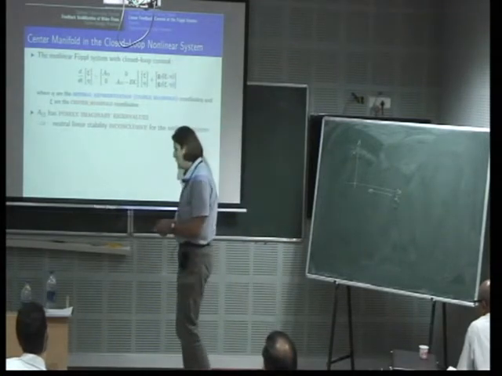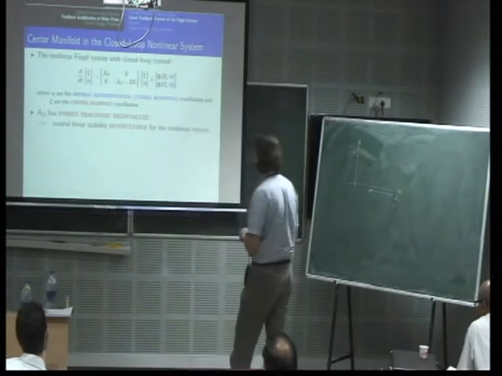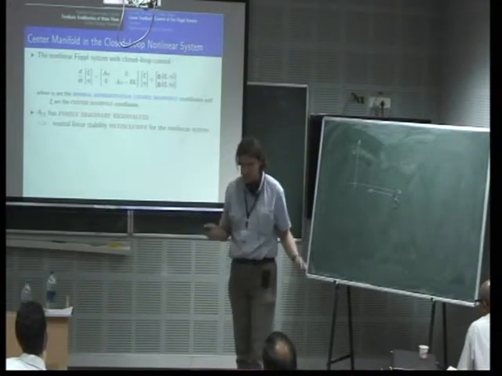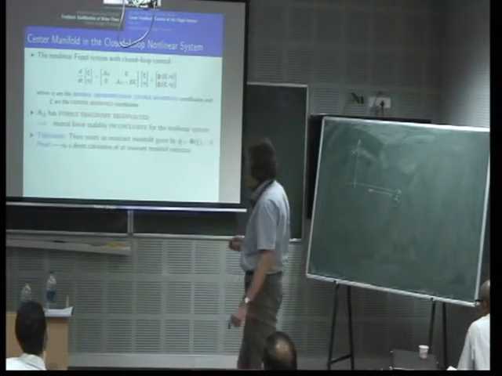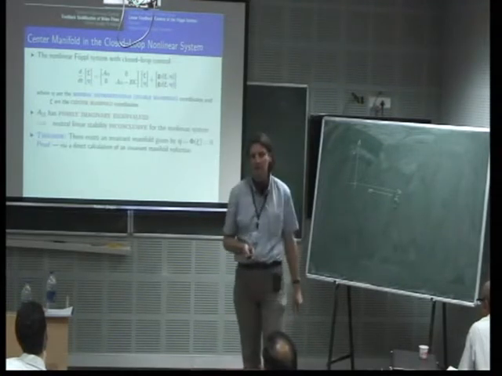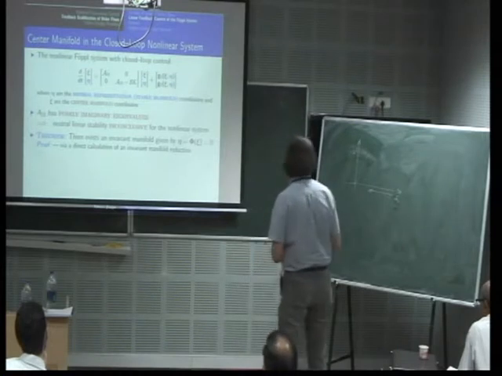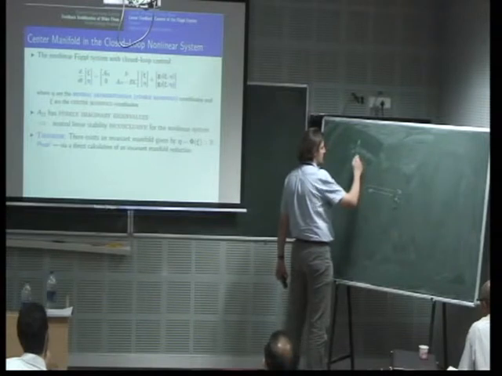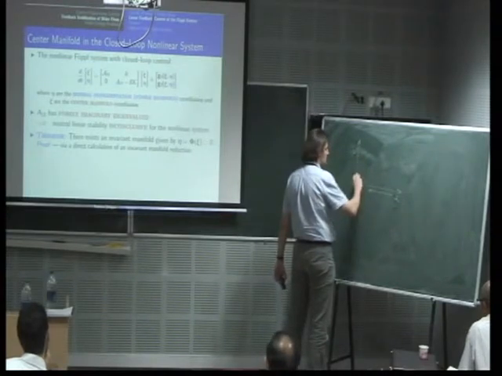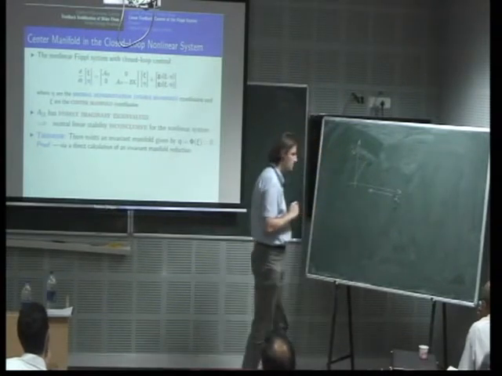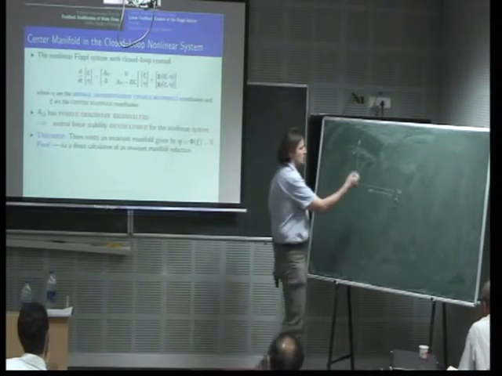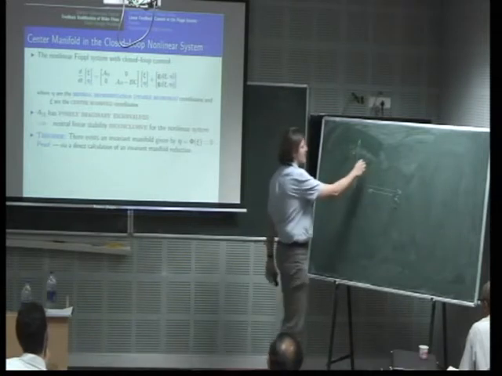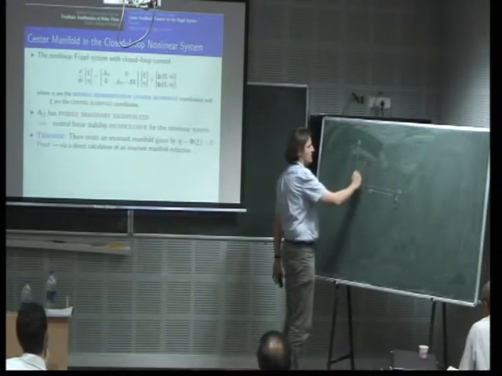Okay, and a proper way of studying those types of questions is provided by dynamical systems theory in the form of the so-called invariant manifold analysis. So what one is looking for is a map between the controllable subspace and the uncontrollable subspace that will connect the two, such that the dynamics will always be contained to this manifold.